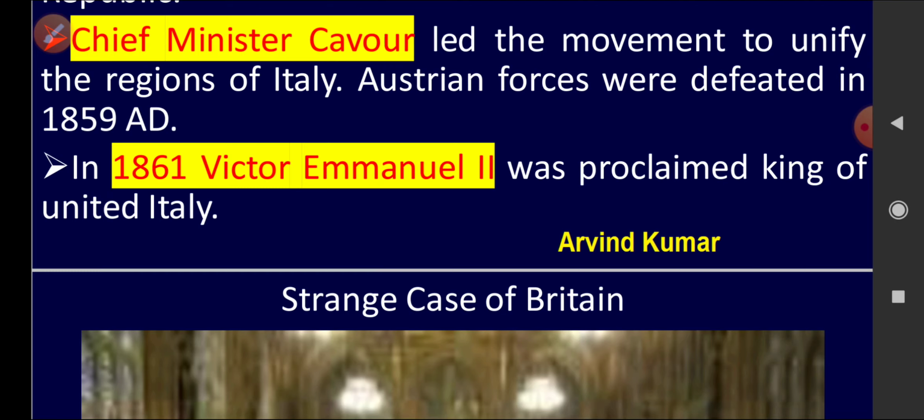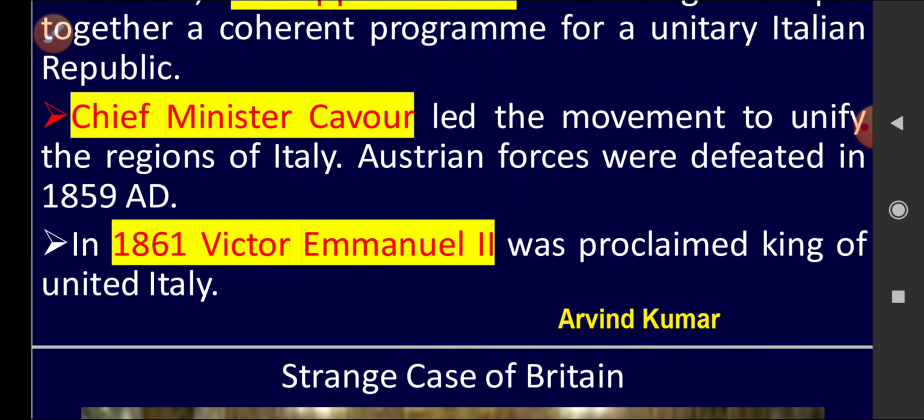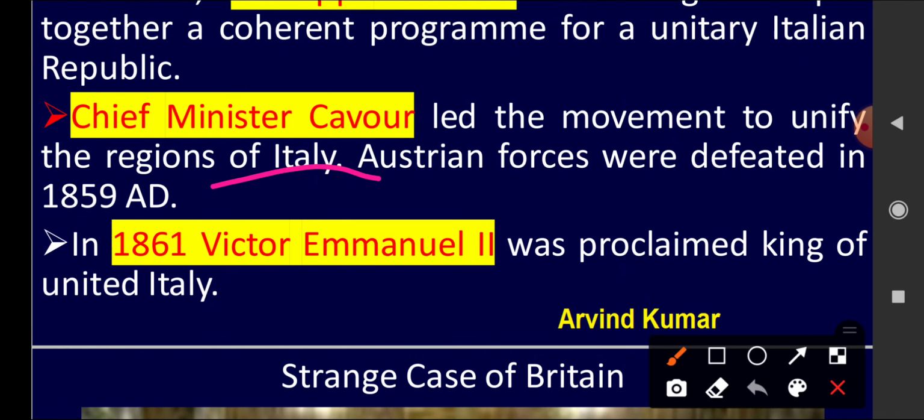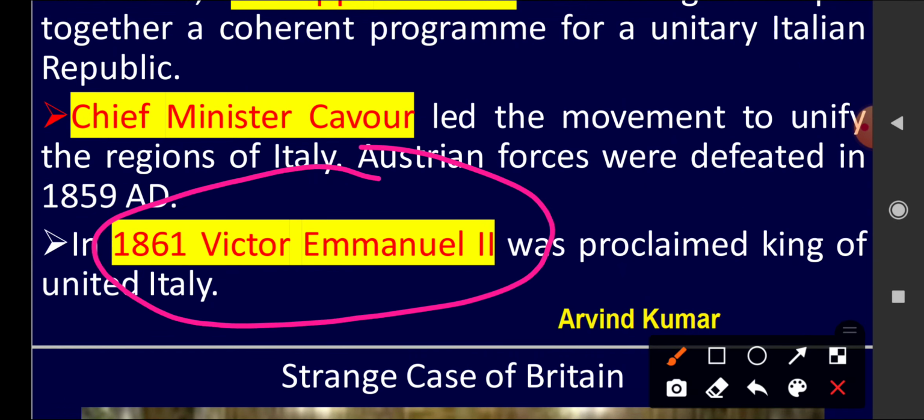These were driven out from the Spanish ruler, and in 1861 Victor Emmanuel II was proclaimed as the King of United Italy.